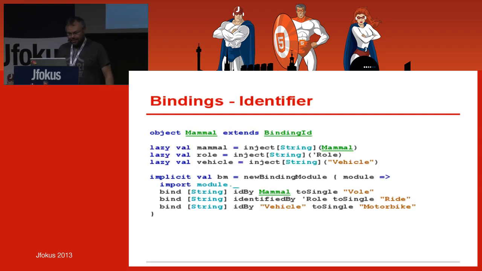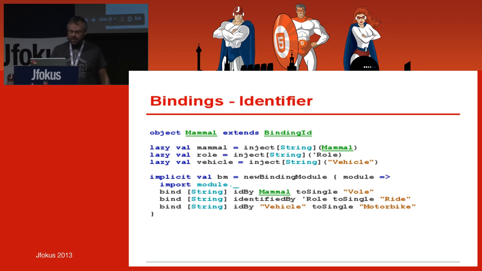The identifiers, there's 3 ways you can identify things, and they're all interchangeable. This is the form I use now because I love it, and it's type safe, and it gives you code completion in the IDE. You actually create an object that extends a binding ID, which is a new object, and anything that extends binding ID, you can use as an identifier to bind or in your bindings.